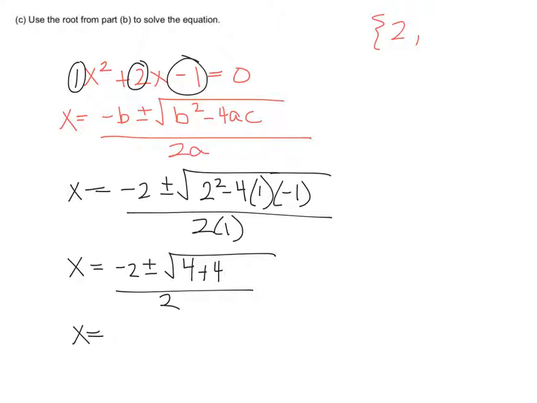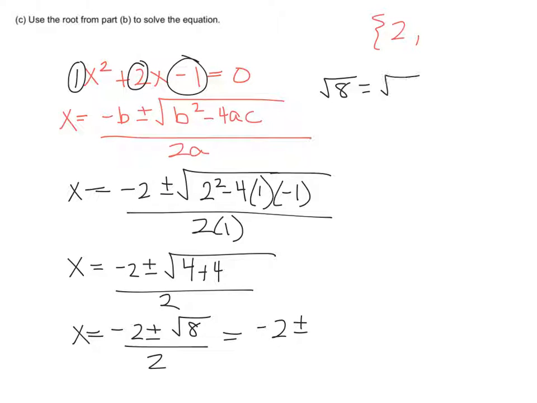X equals negative 2 plus or minus the square root of 8 over 2. We can simplify the square root of 8 because the square root of 8 is the same as the square root of 4 times the square root of 2, which is 2 square root 2.